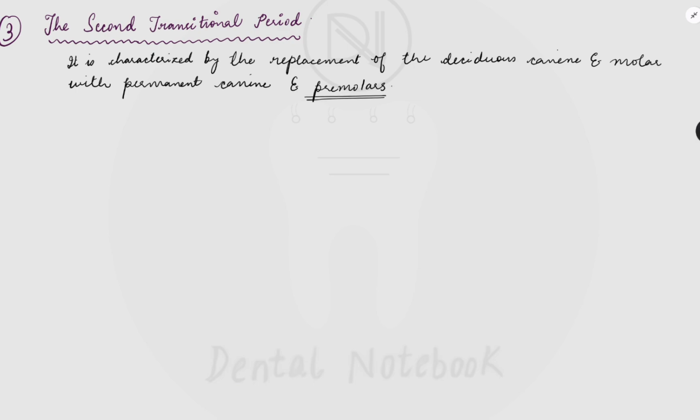Premolars are the only teeth present in the permanent dentition; they are absent in deciduous dentition. So they are replaced by the permanent canine and premolars.